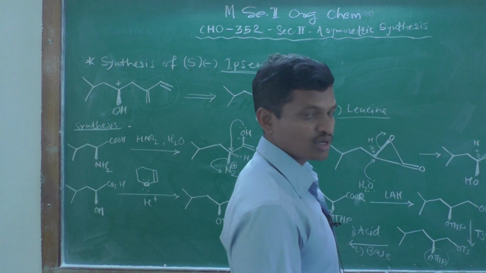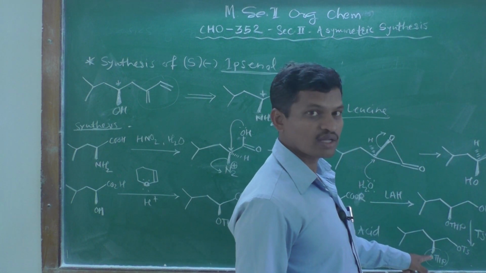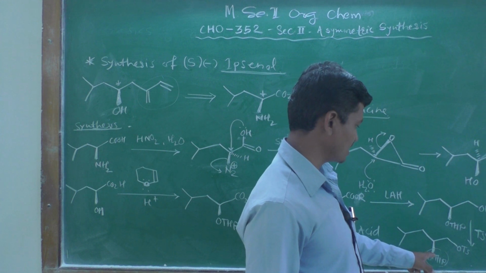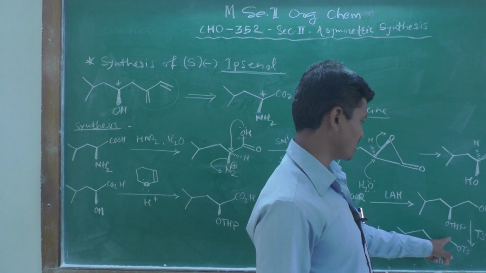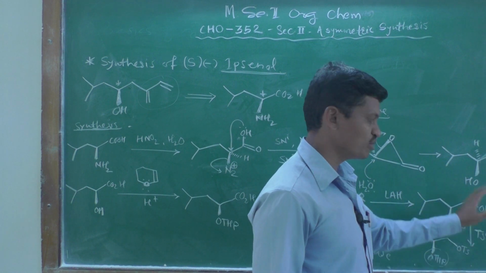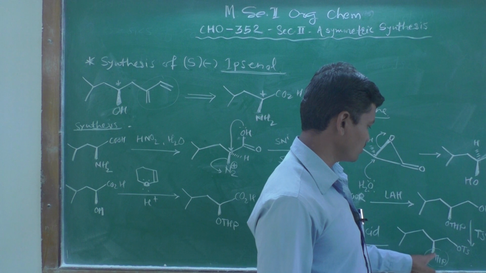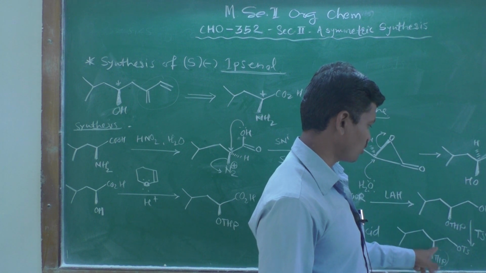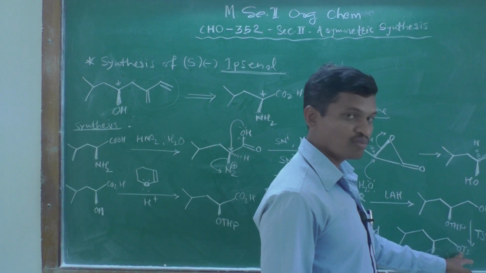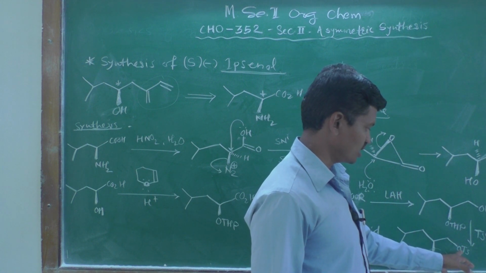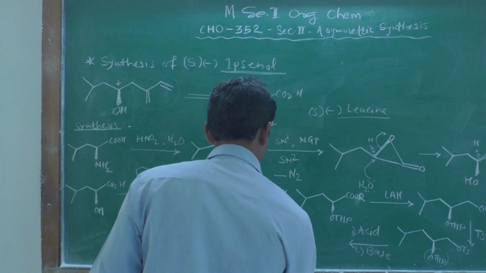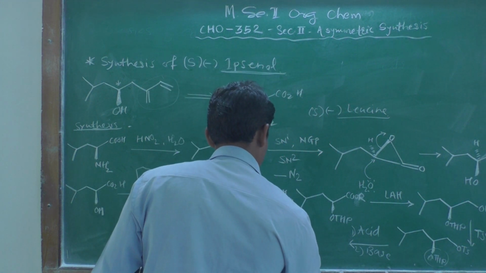There is an acidic proton on hydroxy, so base will abstract that acidic proton, O minus will be generated, and this O minus will attack on this carbon atom. Tosylate group will be knocked out. There is a formation of a 3-membered epoxide ring, and the tosylate leaving group will be leaved out. And you will get here this isobutyl group.